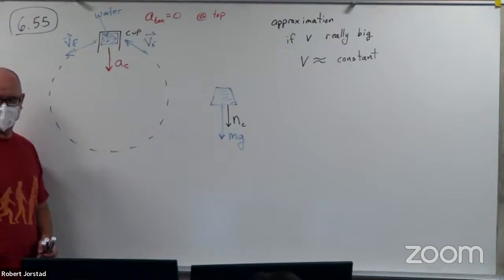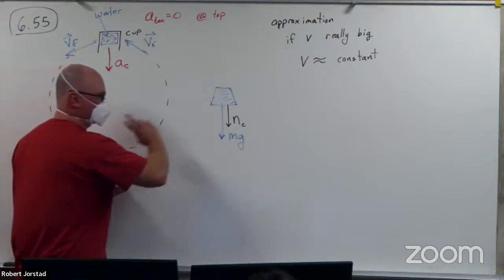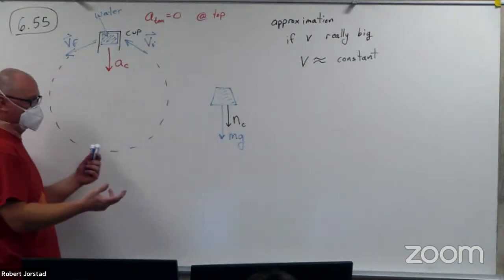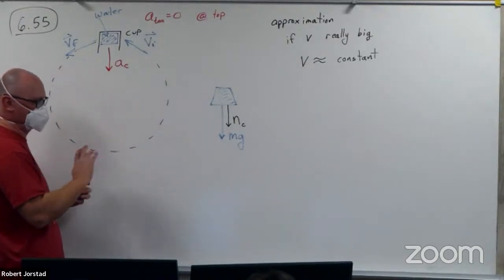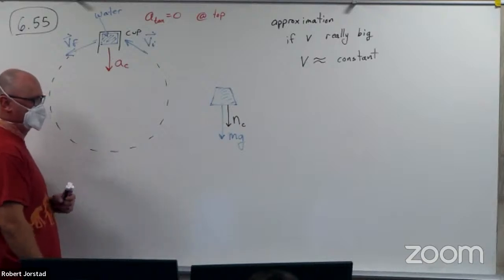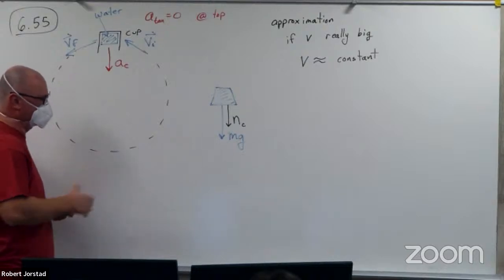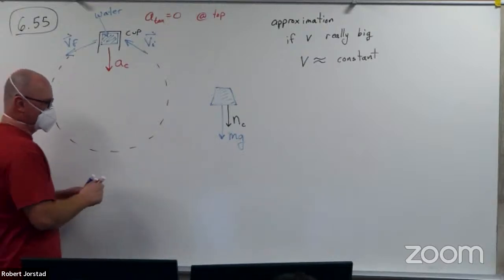The tangential acceleration is 0, so what's true about the net force left and right? It should be negligible, right? They cancel out, they balance, whatever. We're assuming there's no forces left and right. If there were, they're balanced anyways. Okay, cool. This thing's accelerating downwards.